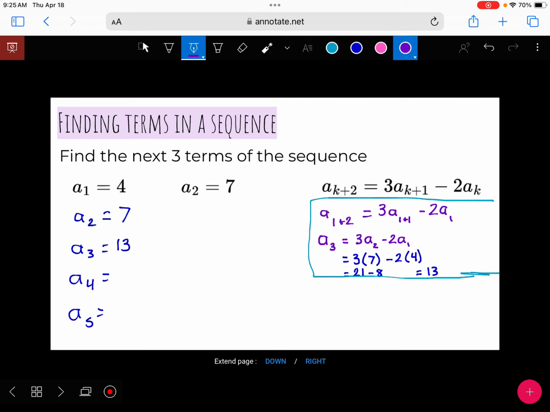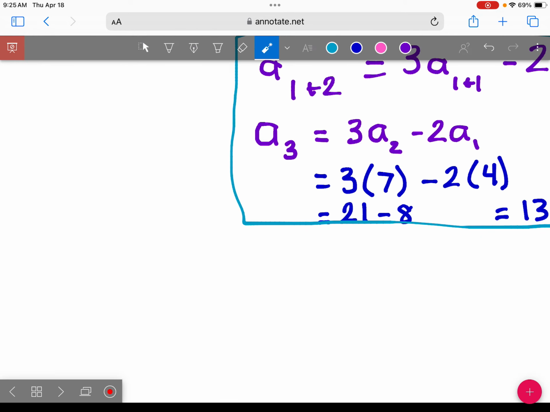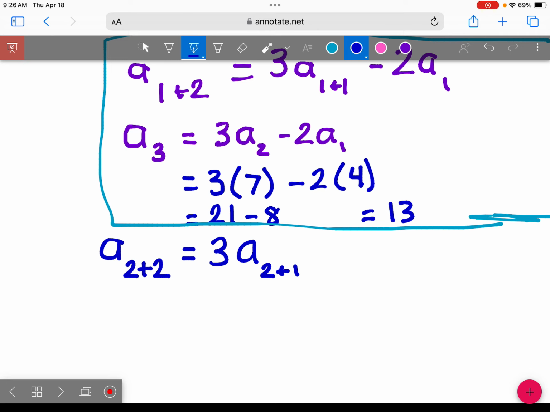So let's do a sub 4. Same thing. I'm going to take the next one. We did a k of 1 here, so now I'm going to do a k of 2. In every place we have a k, I'm going to use 2. So we're going to do a sub 2 plus 2 equals 3 times a sub 2 plus 1 minus 2 times a sub 2.